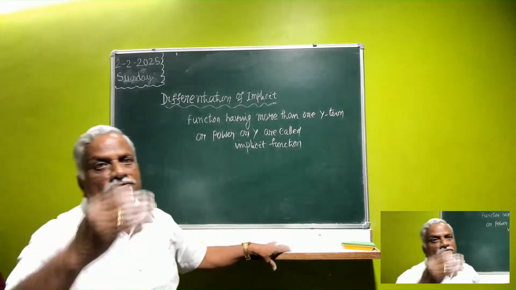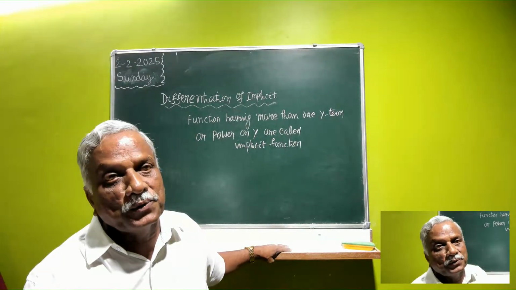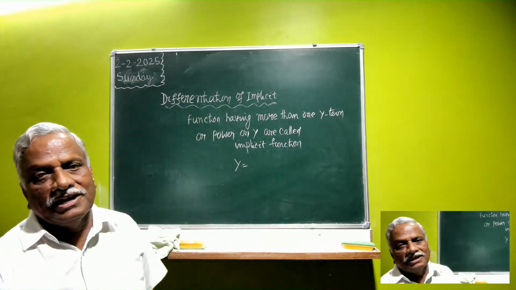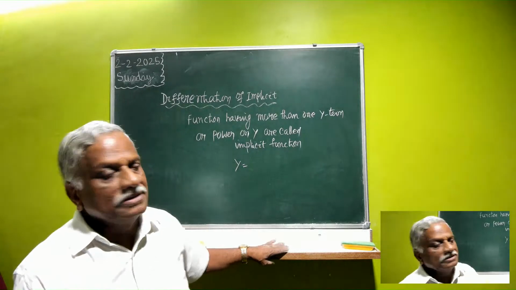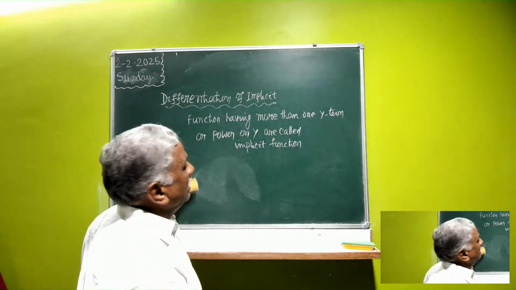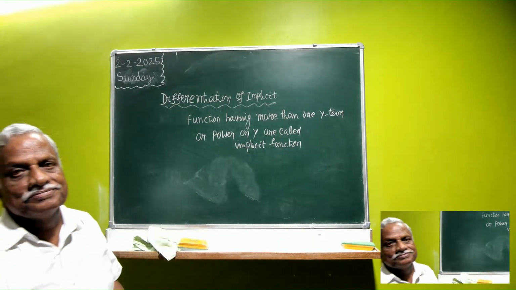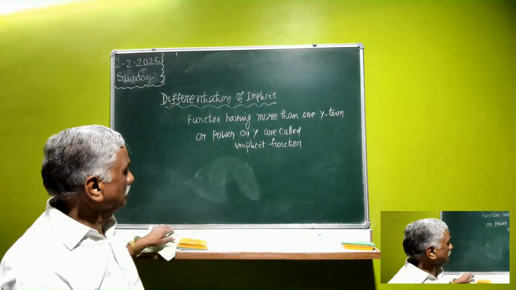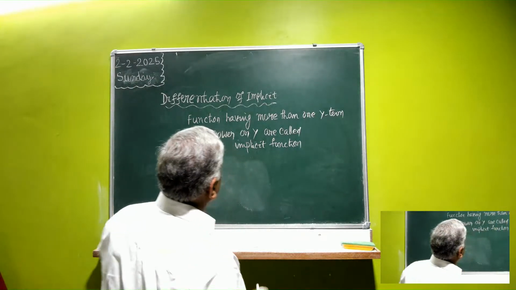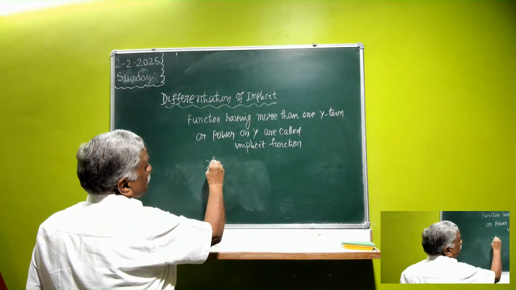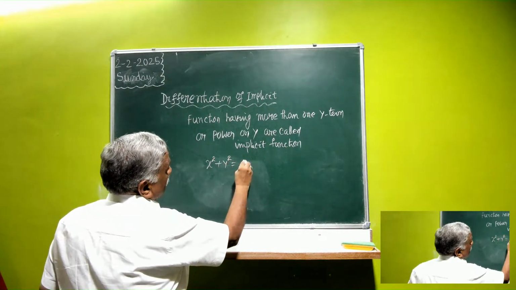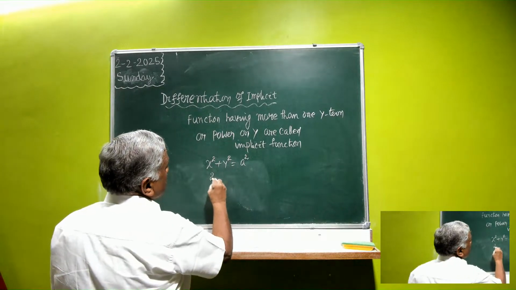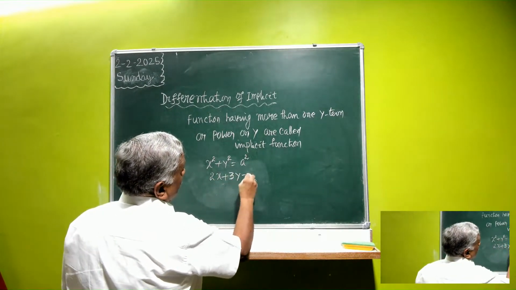See, whatever problem that we have done for the past 3 days, including today, the function is to start y is equal to sin x, y is equal to log x, something like that. Now, we are having a different problem where you find more than one y term. Simple example, x square plus y square is equal to a square. 2x plus 3y equals sin y.